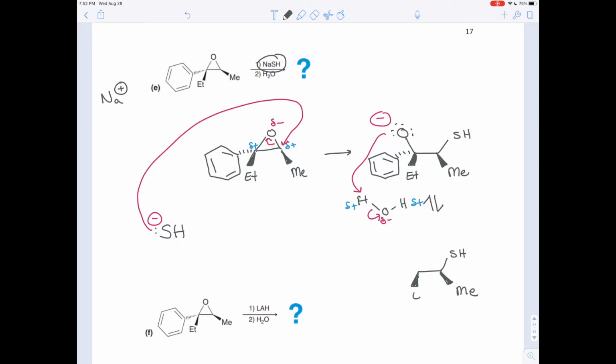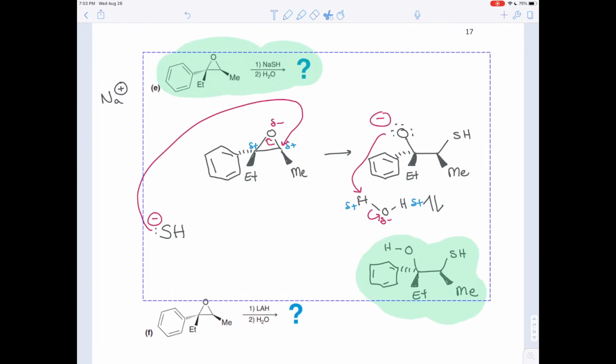All the other chains stay the same. And then just going up, you'd have an O with an H and no charge. And so that beautiful molecule here is what you'd get when you mix this epoxide with that nucleophile.